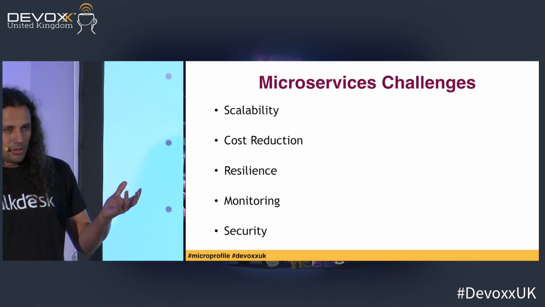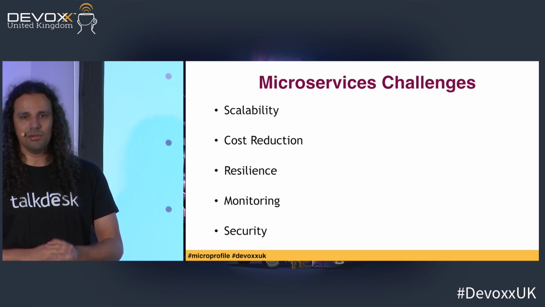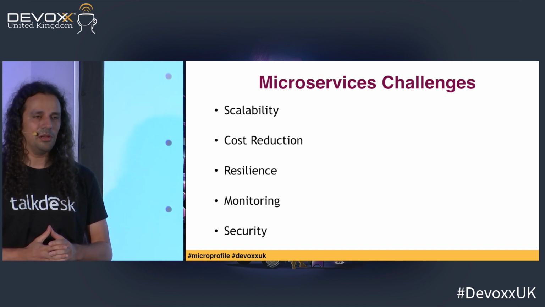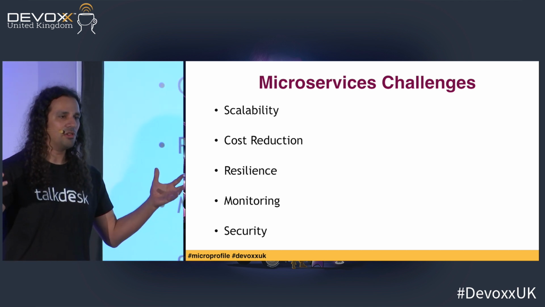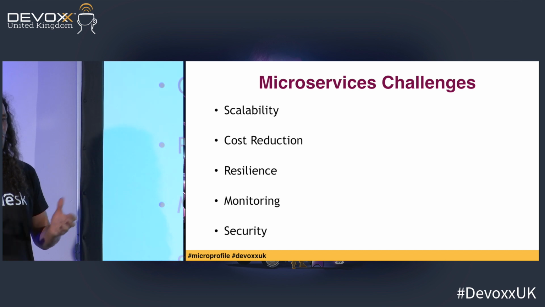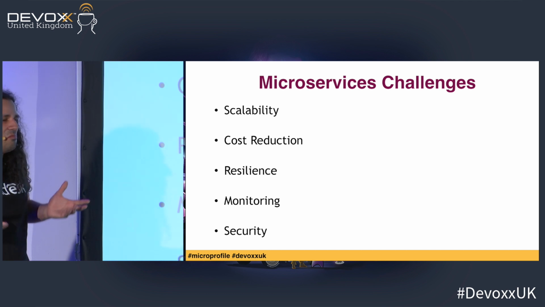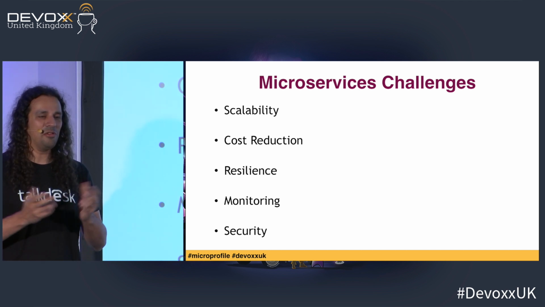Okay, then we come to some of the challenges that we usually get. So, talking about scalability, right? And cost reduction, resilience, especially when you have multiple services talking together. When you have a monolith and everything goes down, it's fine, right? Or maybe it's not fine, but at least everything is down.